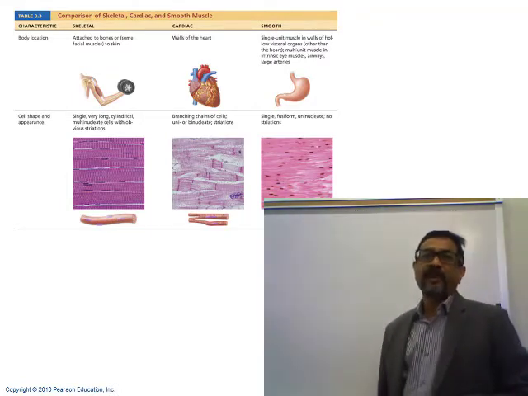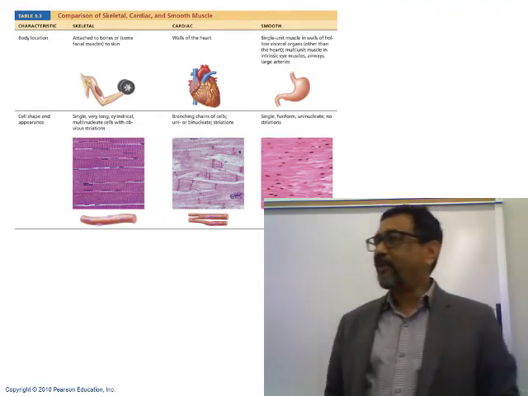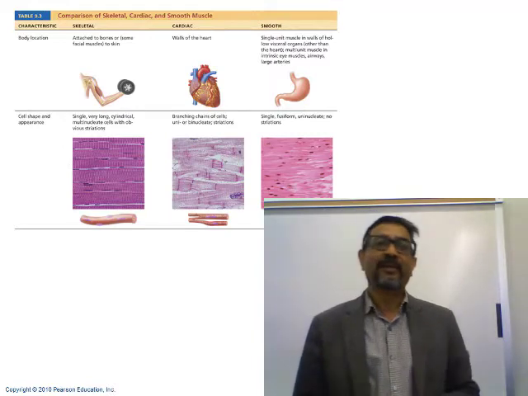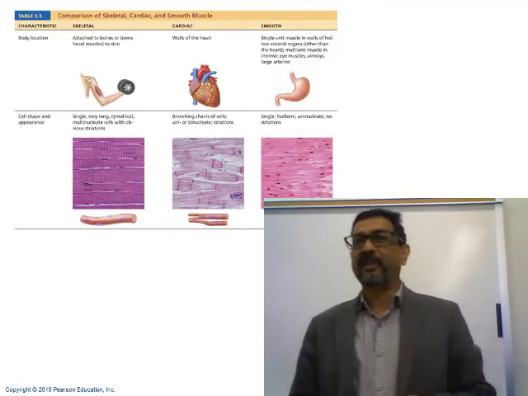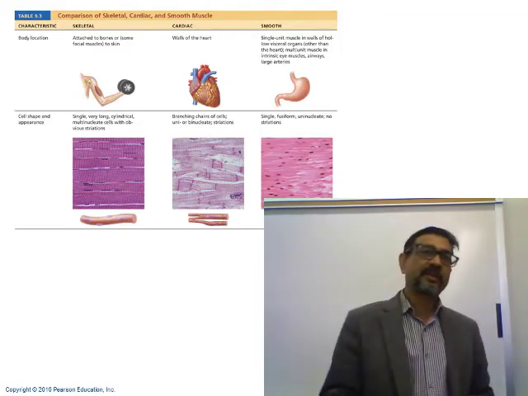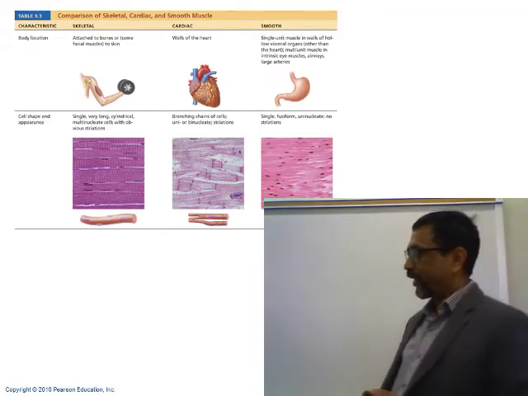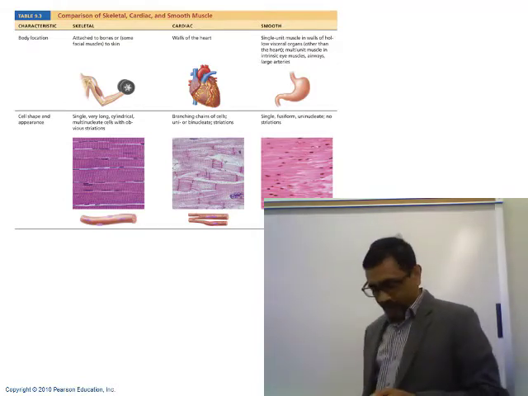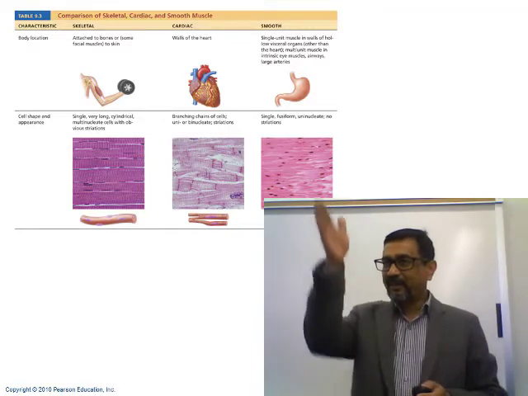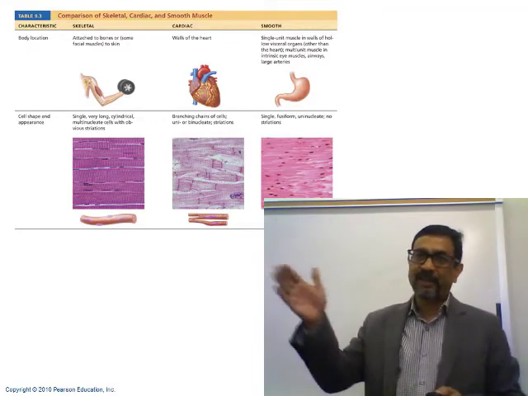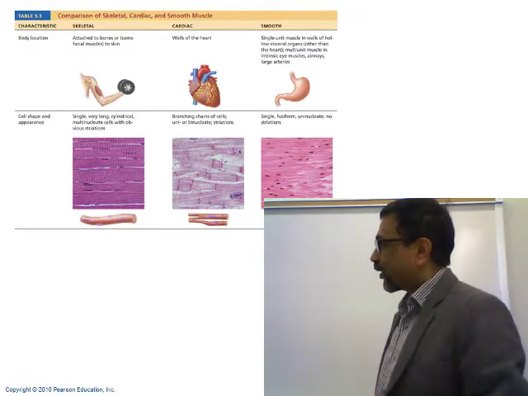Multiple peripherally located nuclei. Inside each fiber you have multiple nuclei, and they are not located centrally. They are attached to the membrane. And also, if you look carefully, you will see striations, lines like this inside the muscle fiber. So that is the skeletal.